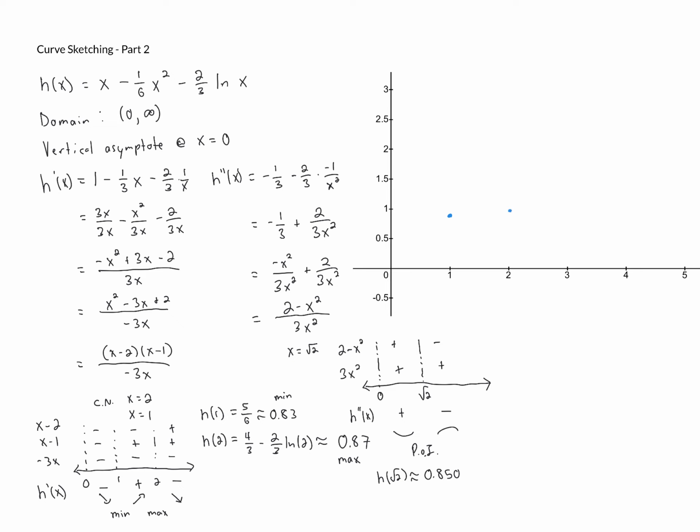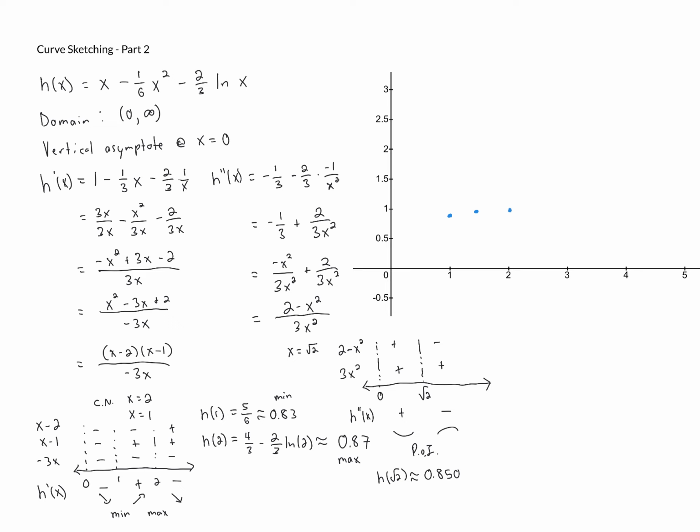Barely noticeably higher. And then we had an inflection point at the square root of 2, which is about 1.4, and then 0.85. So that's going to be right about there. Goodness, those are so close together, I can almost not differentiate them vertically.